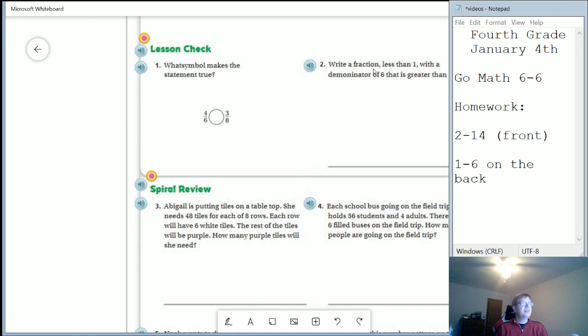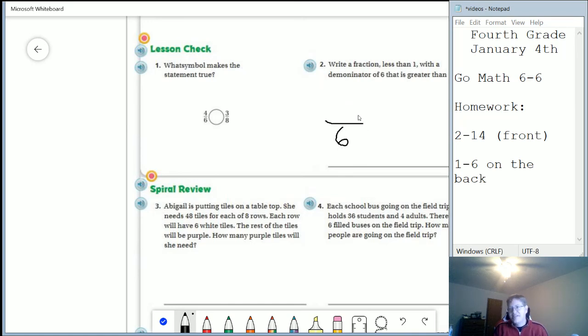Number 2, though, they want to write a fraction that's smaller than 1. So this is going to be one of those where we can't put a 6 on the bottom and then write like 12 on top. So this part less than 1, we have to have something that's going to be less than 6 parts over 6.